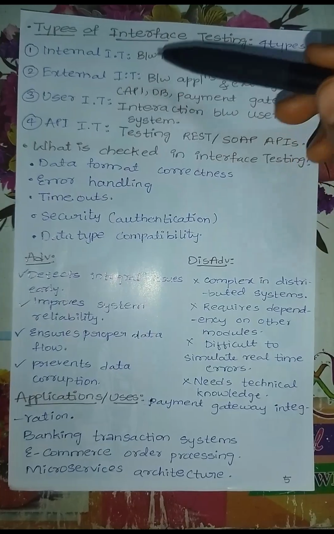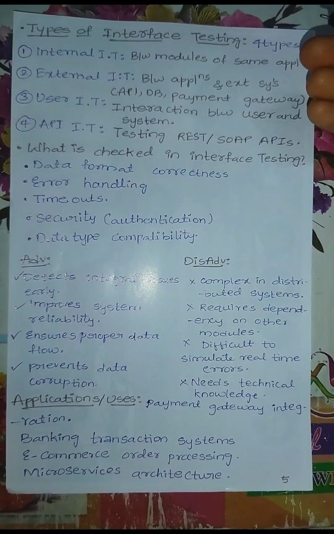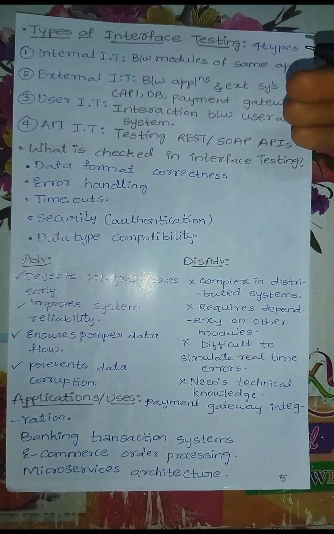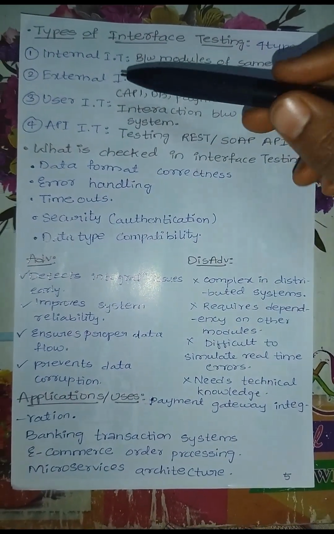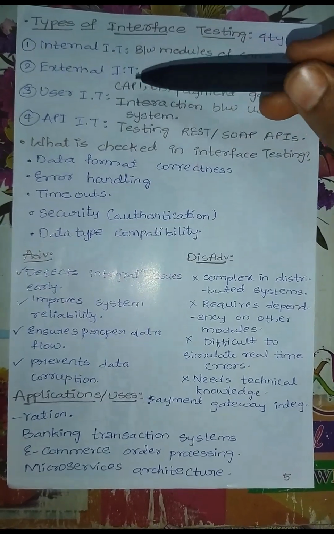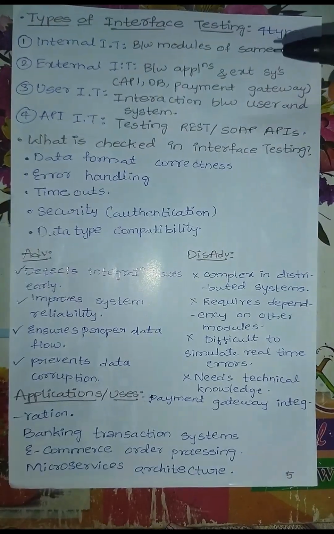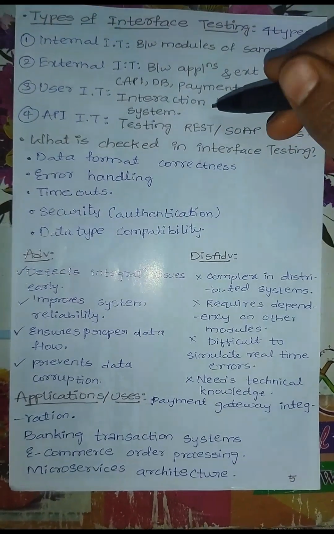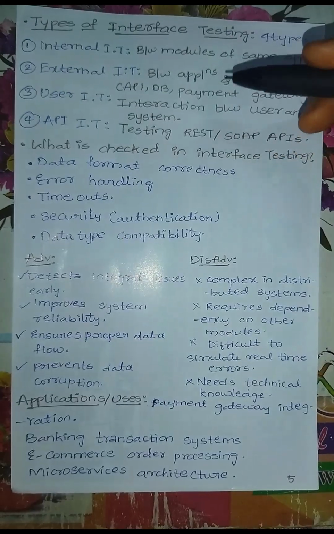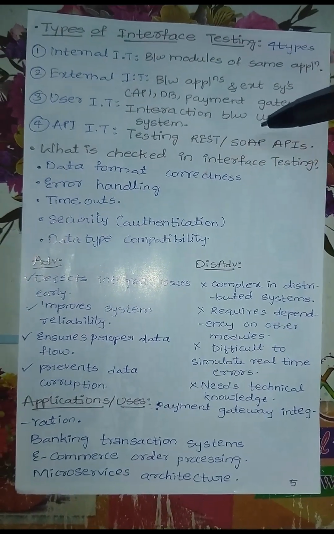External interface testing is for outside systems, like APIs, databases and payment gateways. It is used between applications and external systems. User interface testing acts as the interaction between user and system. API interface testing is used for testing REST and SOAP APIs.